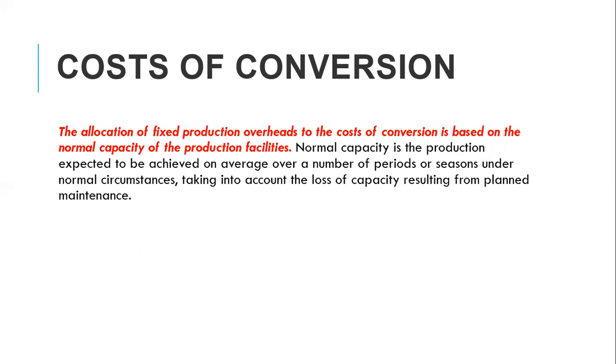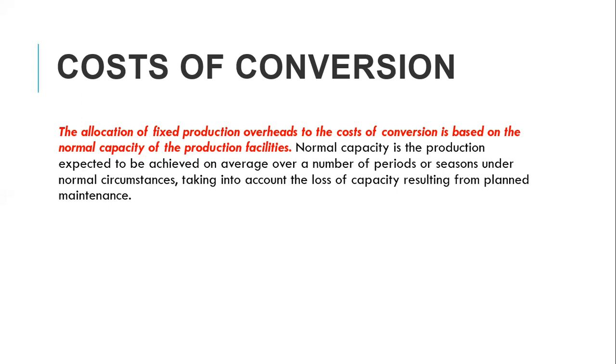The allocation of fixed production overhead to the cost of conversion is based on the normal capacity of the production facility. So we have to be very, very careful. The fixed production overhead, like you said, is just there, whether you produce optimally or not. But what the standard is saying here is that the allocation of the fixed production overhead to the costs of the inventory must be based on your normal capacity, your normal operational standard.